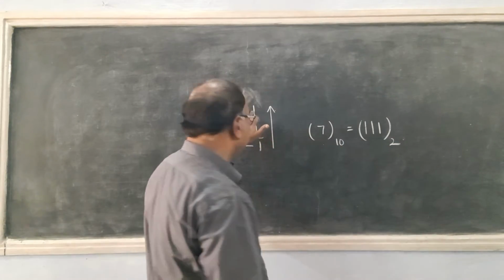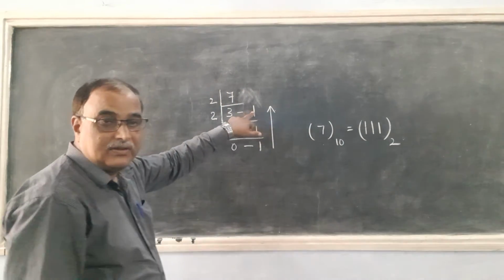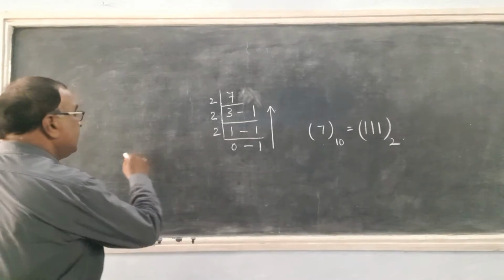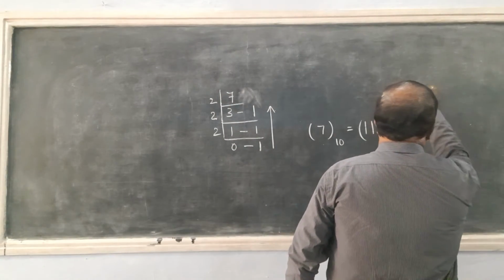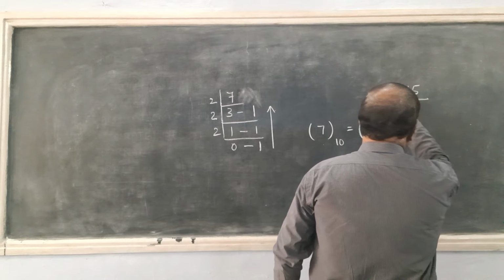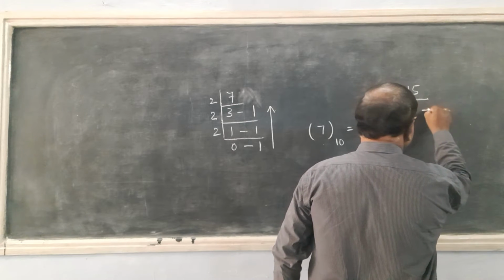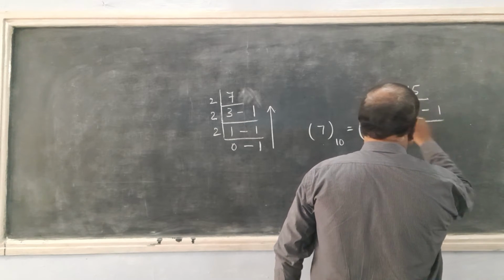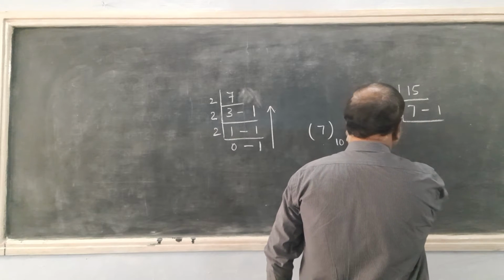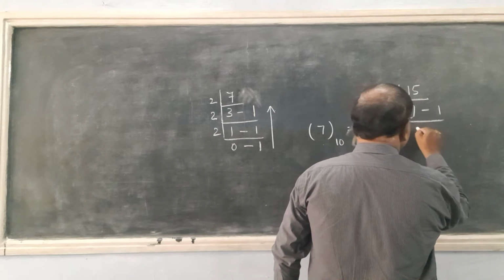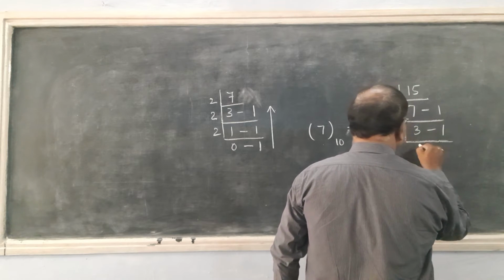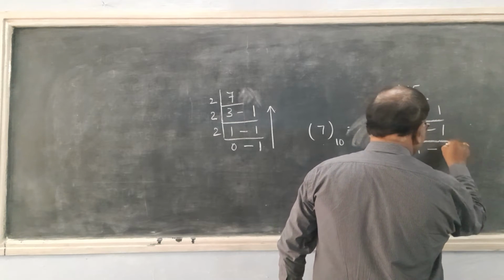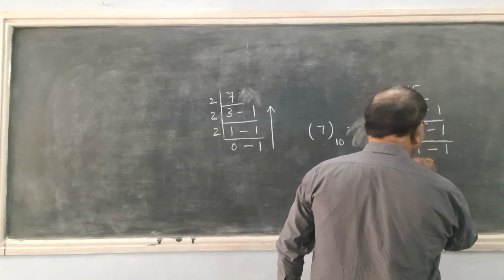So 111 like this. Say for example, let me consider one more example. Say 15. Go on dividing by 2: 7, 1, again divided by 2, right? So it's 3, remainder is 1, again divided by 2, quotient is 1 and remainder is 1.